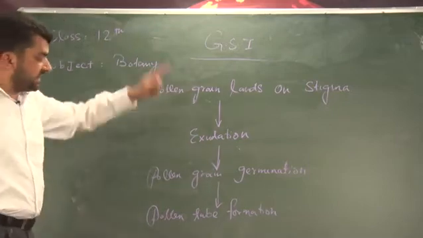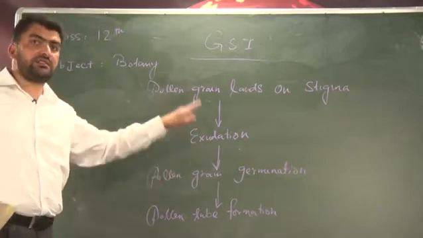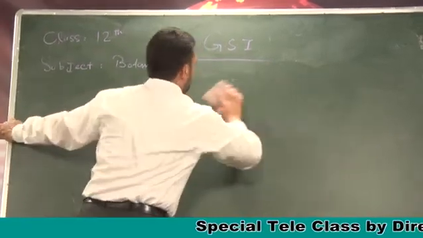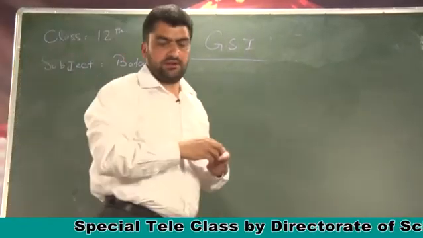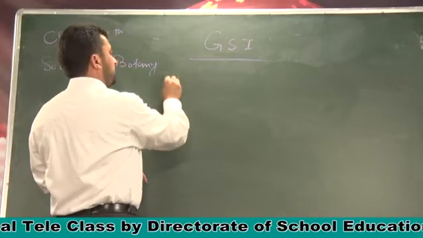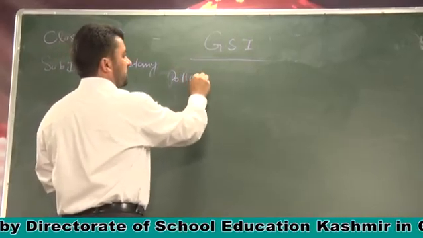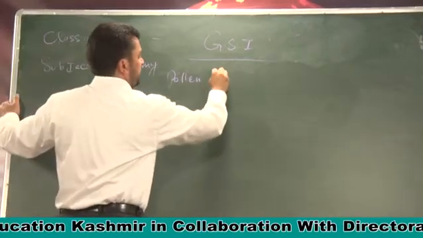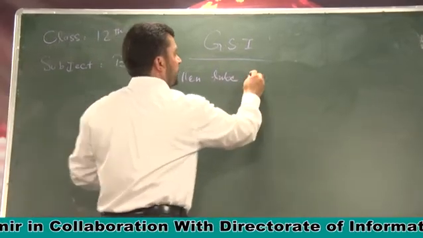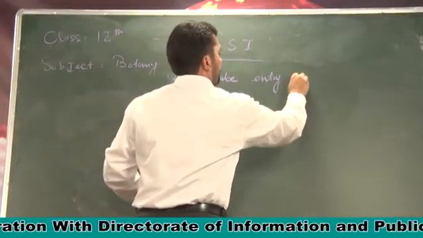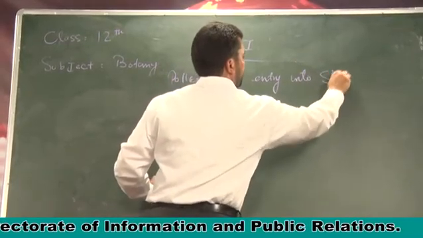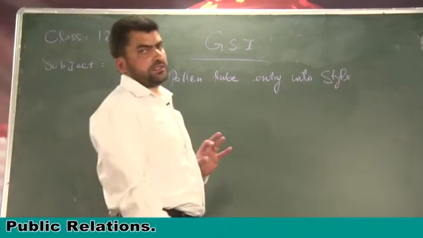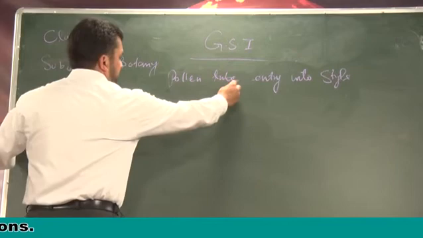Now, in the case of the GSI system, here is a catch in the style. After pollen grain germination, I am just showing it with the help of a flow chart to make it simpler. Now, this pollen tube entry into the style: here what happens?